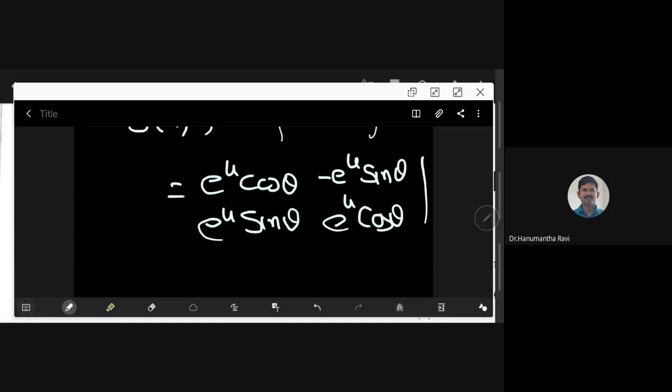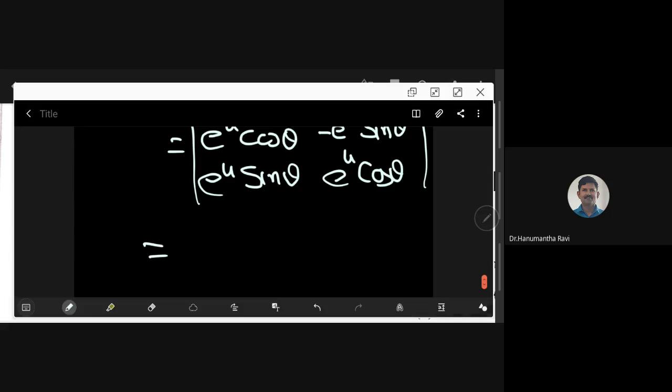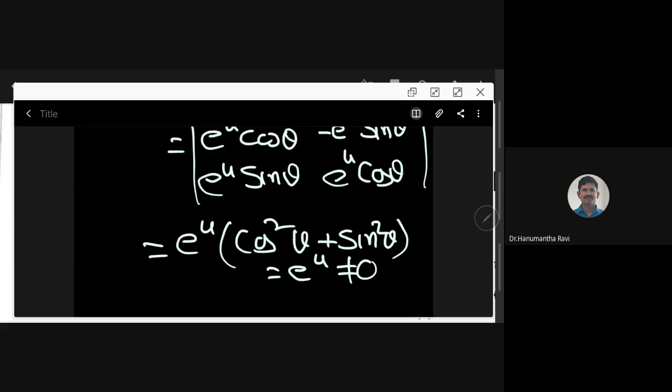Right, this is equal to e power u into cos square v plus sin square v, and this is equal to e power u, which is not equal to 0, please remember. So in fact you can say that they are functionally independent also.